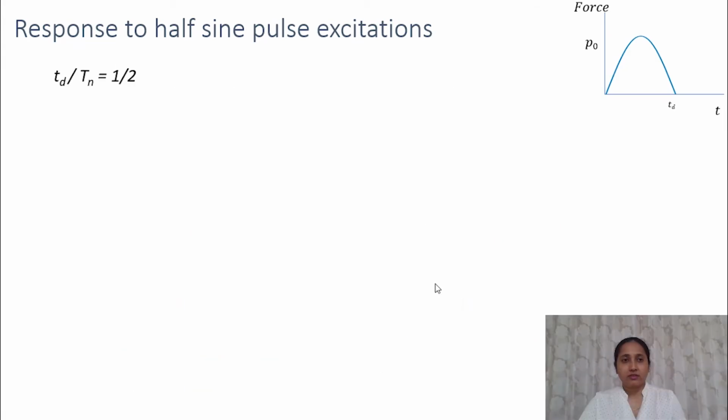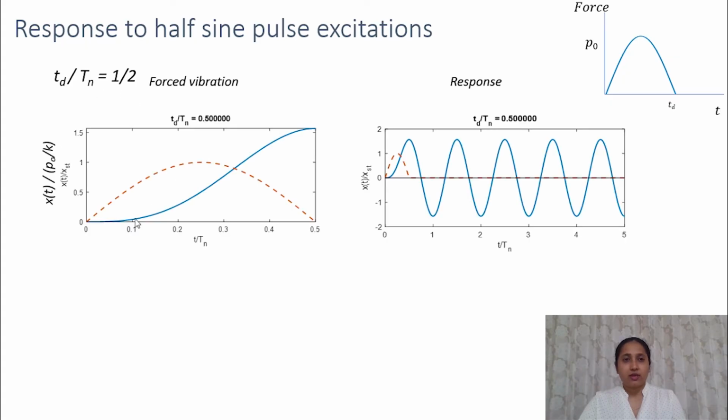Now let's see the response for Td by Tn equal to half. As in the case of the rectangular pulse, here also as the duration of the pulse increases, the dynamic response also increases, and it reaches a maximum when the pulse is ending.